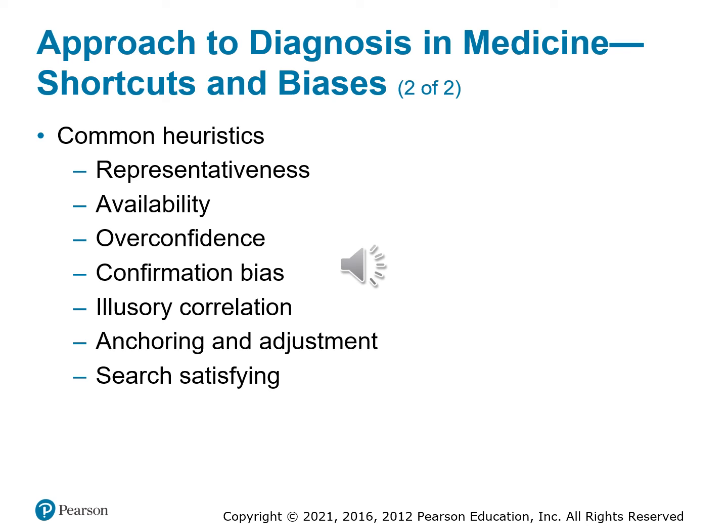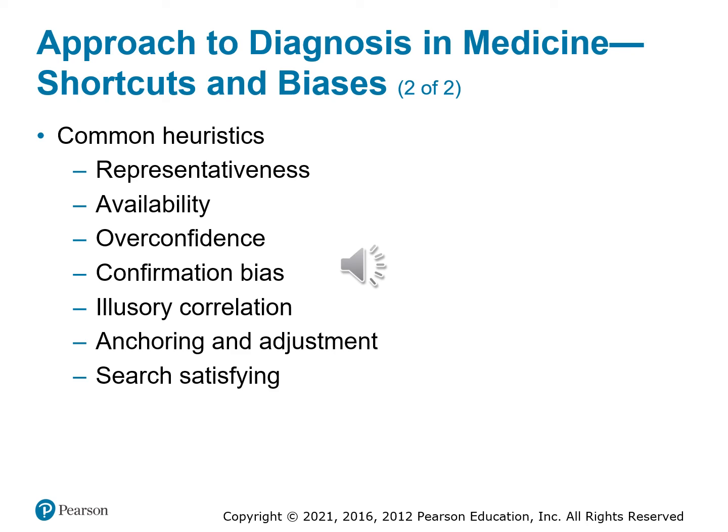We really need to make sure we do a full assessment. Availability is because this is easier, or this is what I have been exposed to, this is all I'm going to see, and you just stay in that rut because that knowledge is more available to you. But we've got to think outside the box. Not everything is going to be common, and sometimes a respiratory issue really ends up being a cardiac issue.